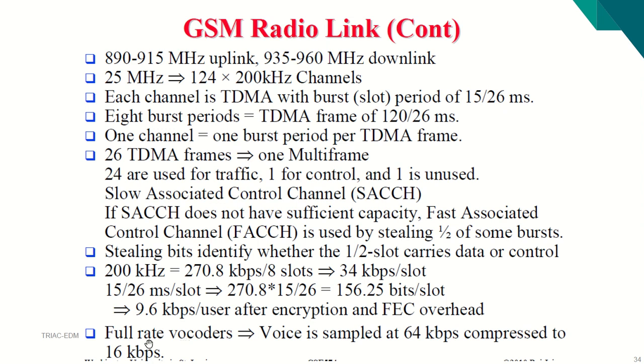But now we are using a higher quality, meaning that the sampling rate is higher, so that the full rate vocoder is sampled at, in fact, 64, which is a lot higher than 9.6. But the thing is, it does a little bit of compression. That's called source compression, and it's compressed to 16 kbps.